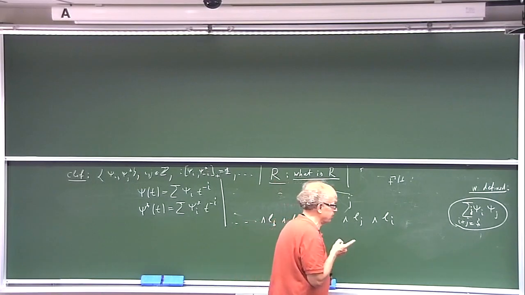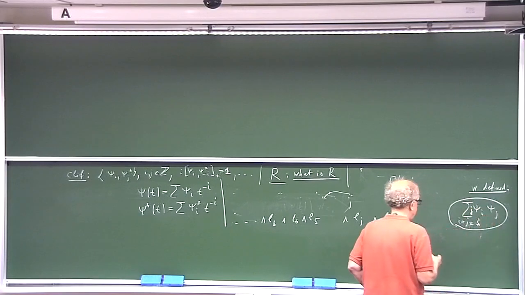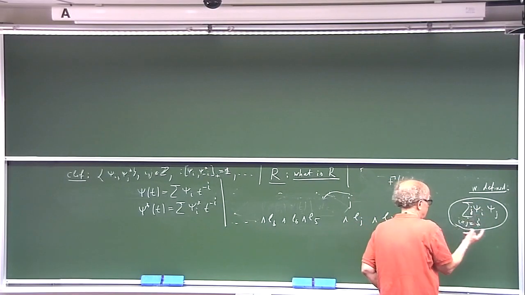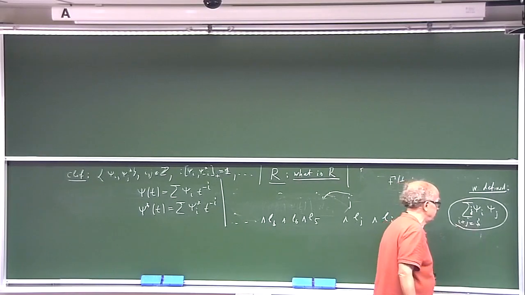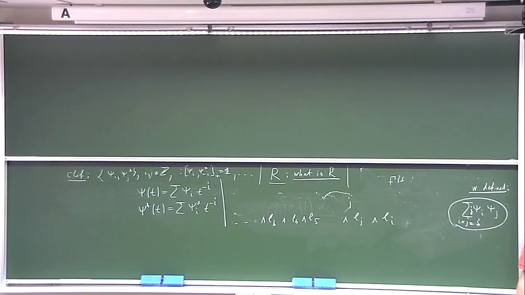Therefore, it is a typical situation that if I have such things, naively, not naively, but really, this is an infinite sum. And from first glance, this operator is not active.